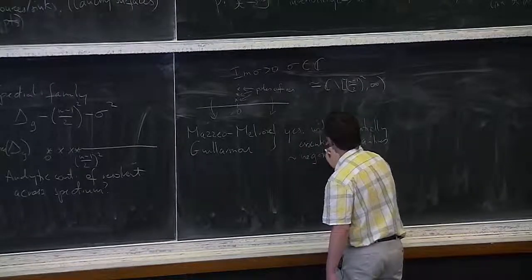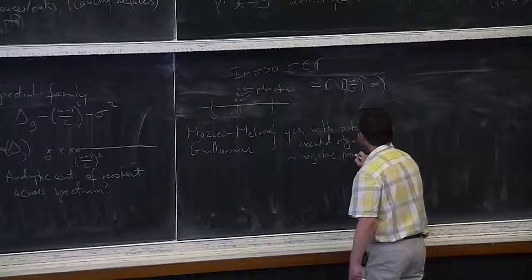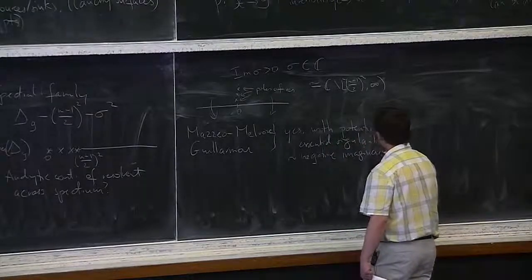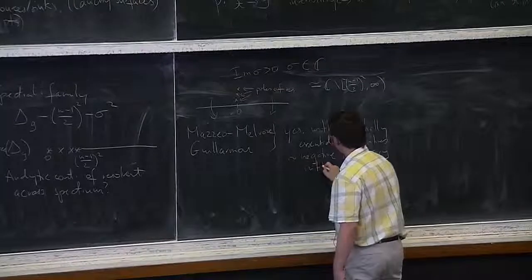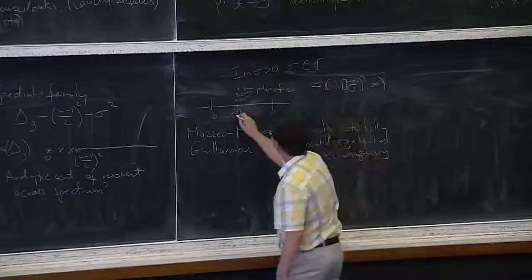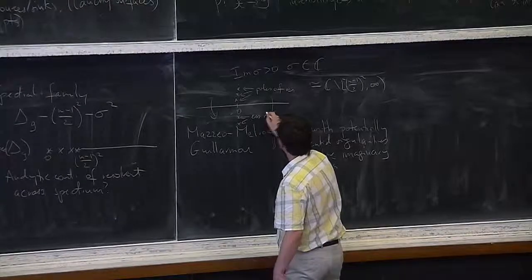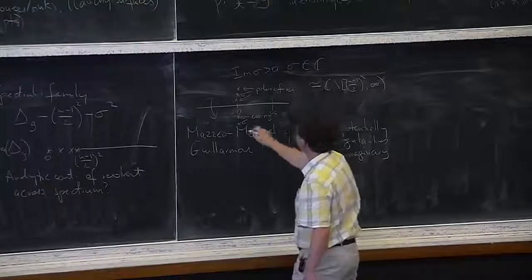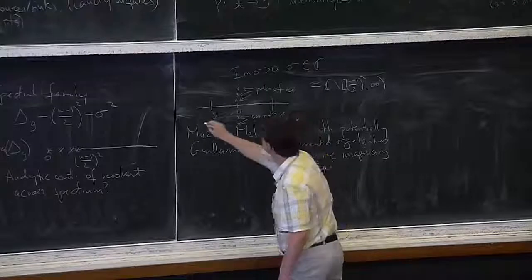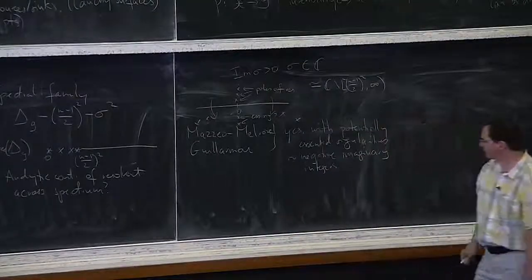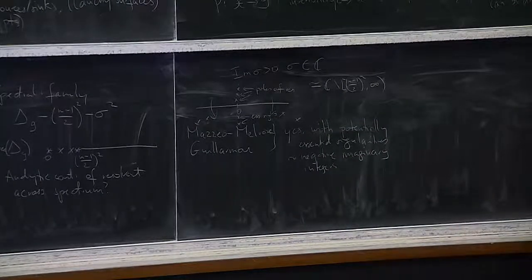There might be some halves floating around. So these are potentially essential singularities, but elsewhere we just get nice poles. Okay, this is done in the sense of the Schwartz kernel of the resolvent.